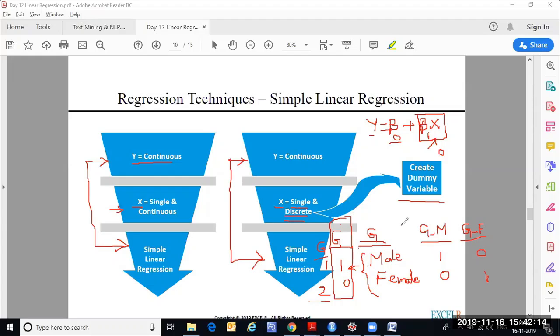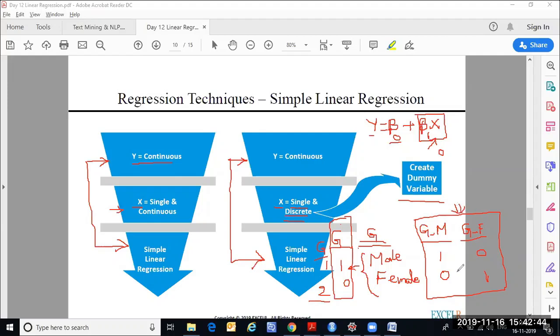This is the best approach. Creating these two columns will solve the problem and would not get biased to any of the classes. It will take care of the balancing of the classes. Hence, you should follow this approach for creating dummy variables whenever you would like to create them. Clear?